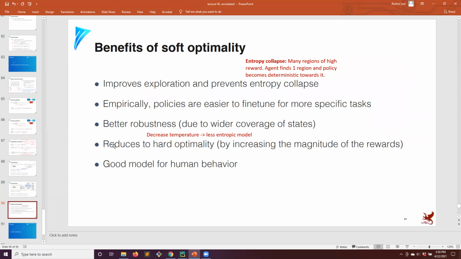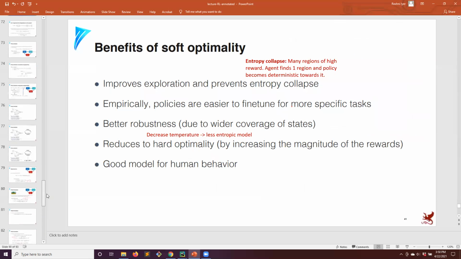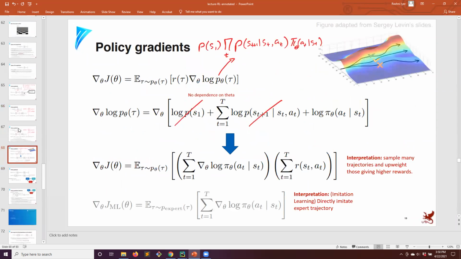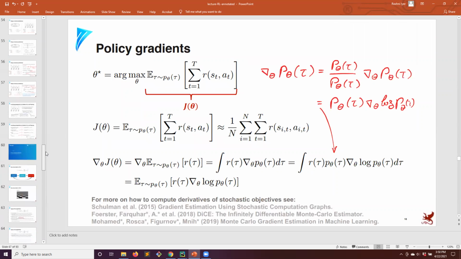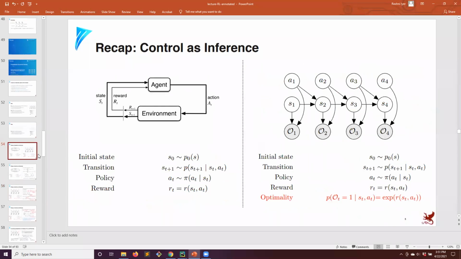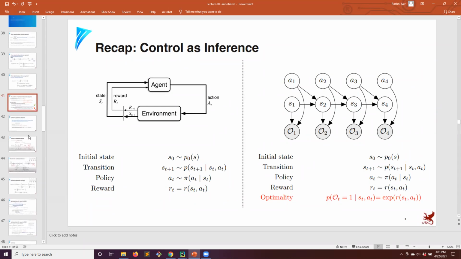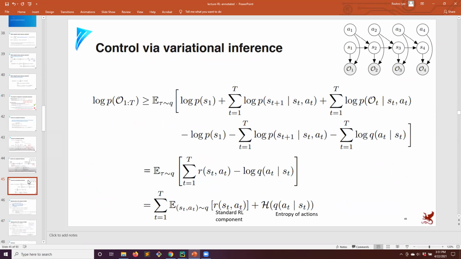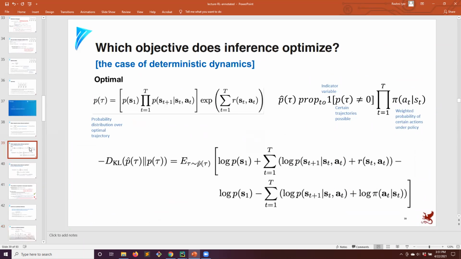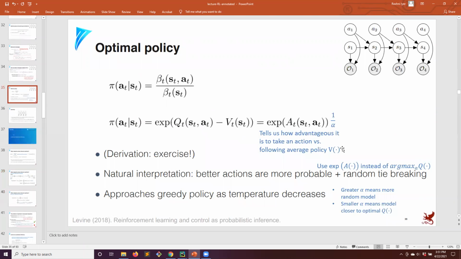And it can also reduce to hard optimality. And this is what I had shown before, where we have that 1 over alpha term. I'm trying to find that. Okay, here.